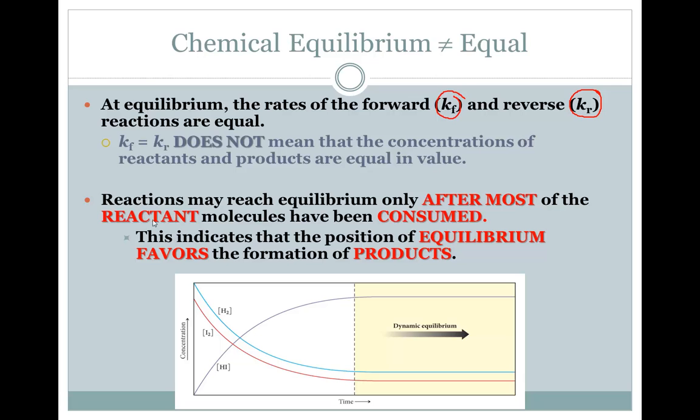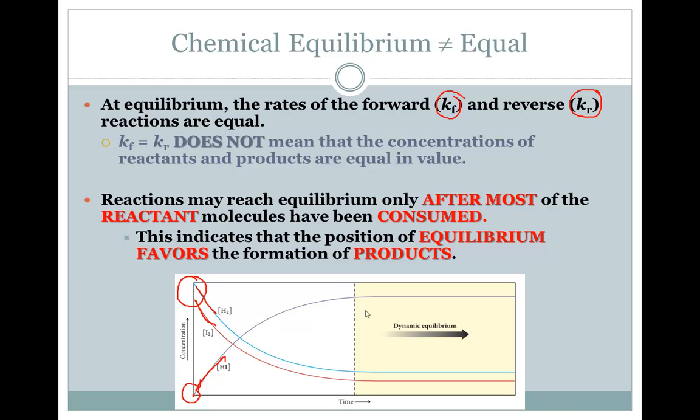The reaction may reach equilibrium only after most of the reactant molecules are being consumed. If we look at this graph down here, we have reactants here, and we have the products here. At the beginning, we have a lot of reactants, and we have 0 products at the very beginning. And then as the reactants are consumed, the products are made.